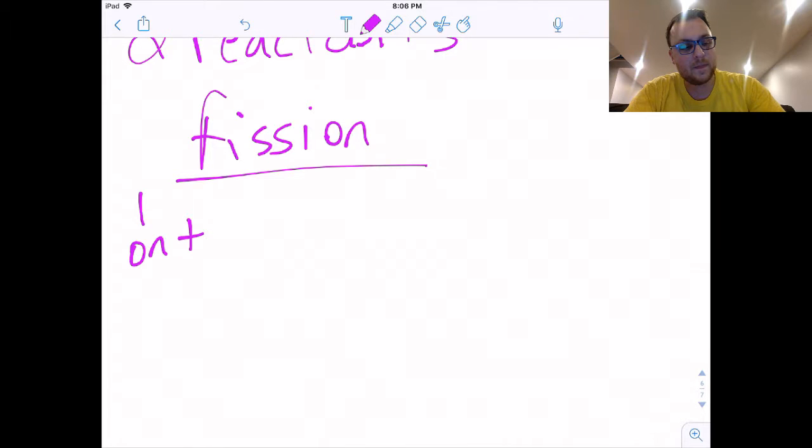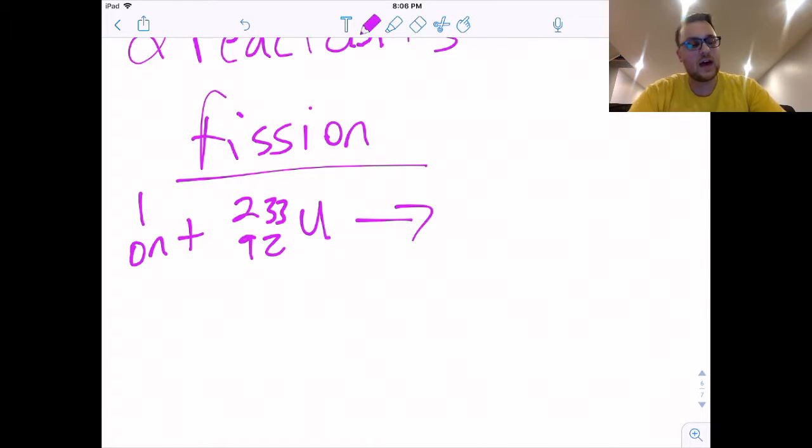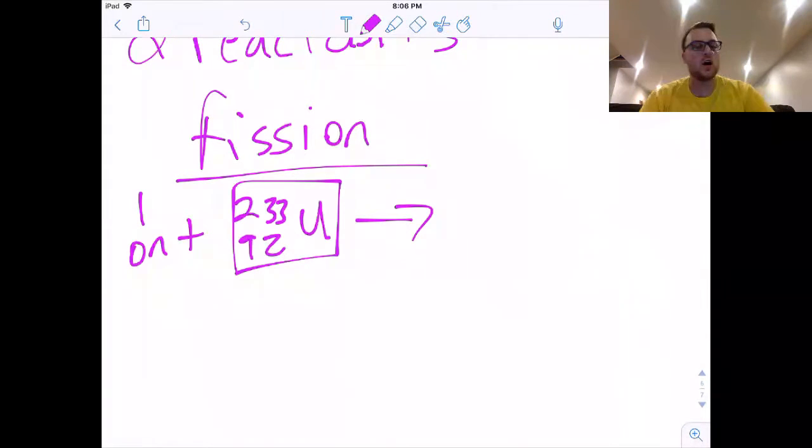that heavy, large nucleus of uranium is going to split into many different smaller elements. And I forget what uranium splits up into, but we'll make stuff up. It's going to split into smaller elements.